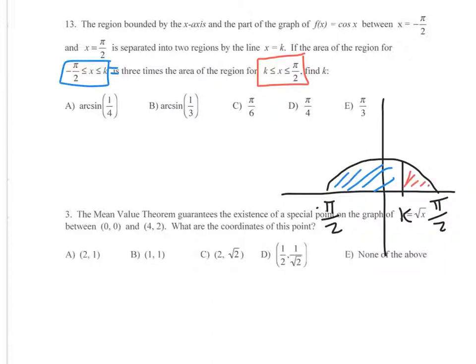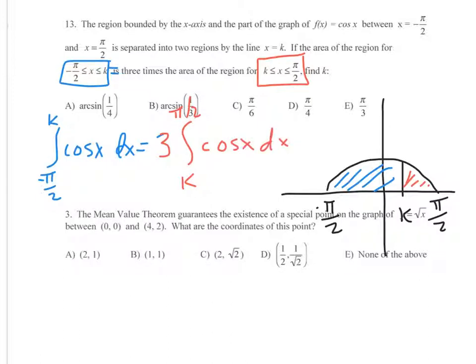area. And so when we write this, the blue area therefore is from -pi/2 up to K of cosine x dx, and that's going to equal 3 times the area from K to pi/2 of cosine x dx. Okay, so we just have to solve that. Okay, we integrate cosine, we're going to get sine. Let me keep working here.